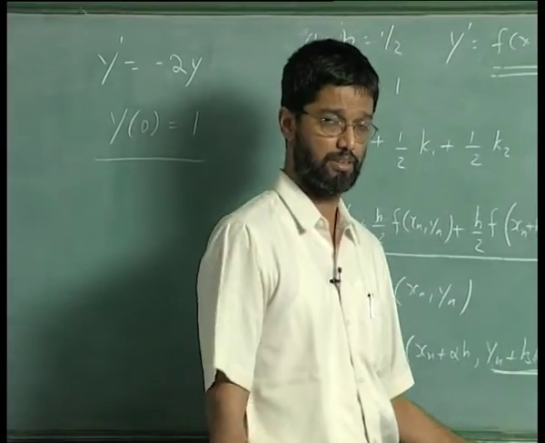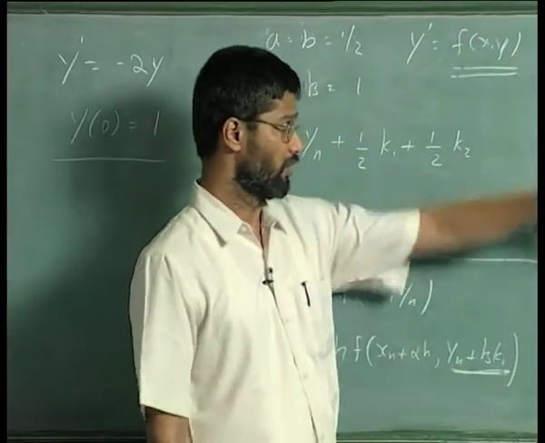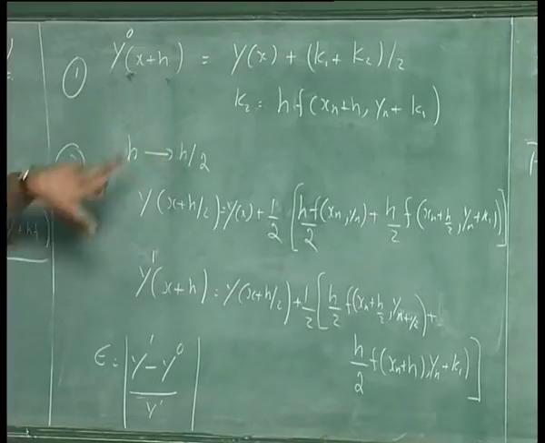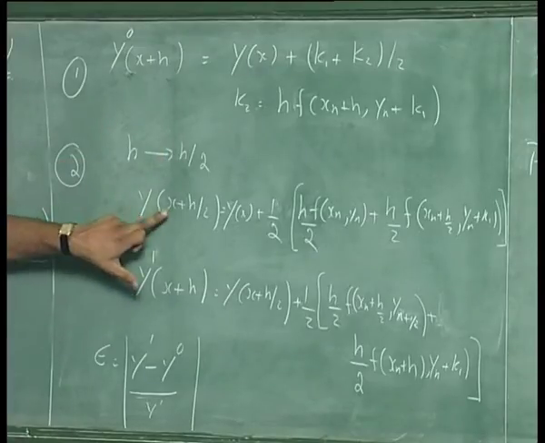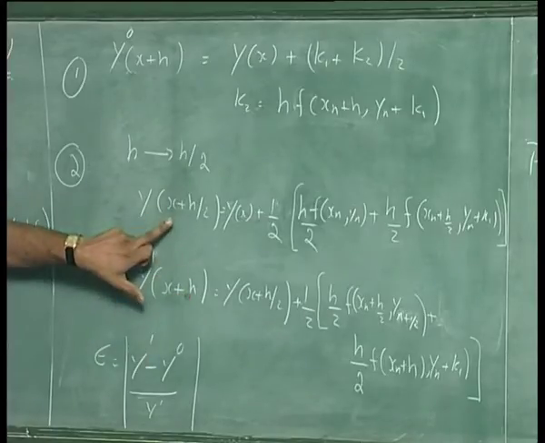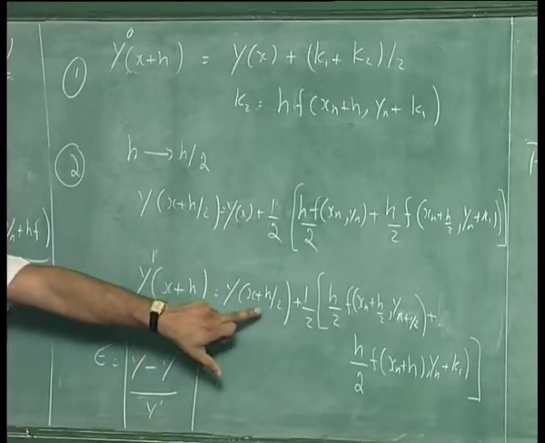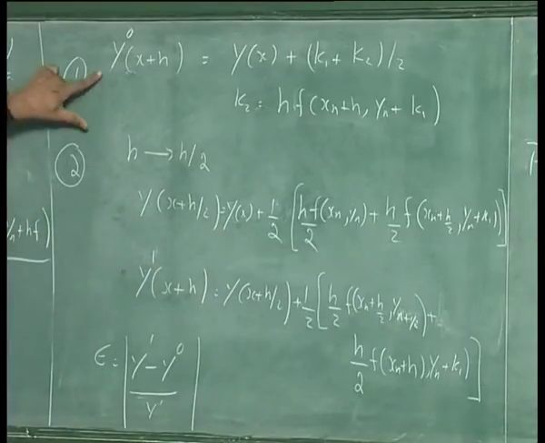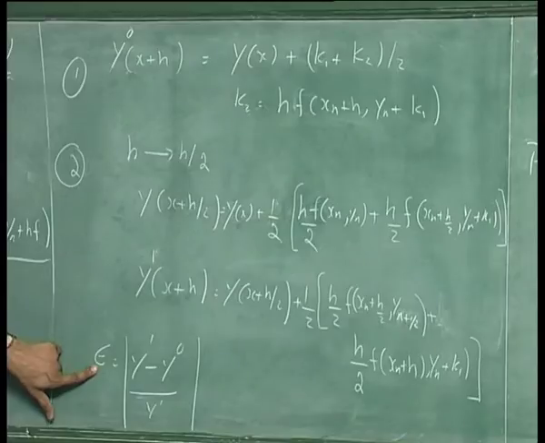So what is the summary? I go to x plus h in 1 step, or I go to x plus h by 2 and then to x plus h, that is, in 2 steps, and I compare the values I get from these two and compute an error.